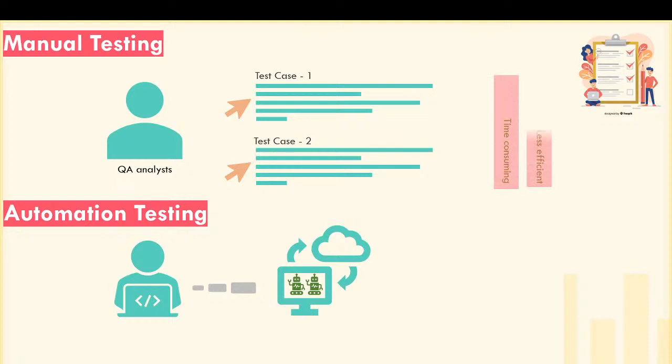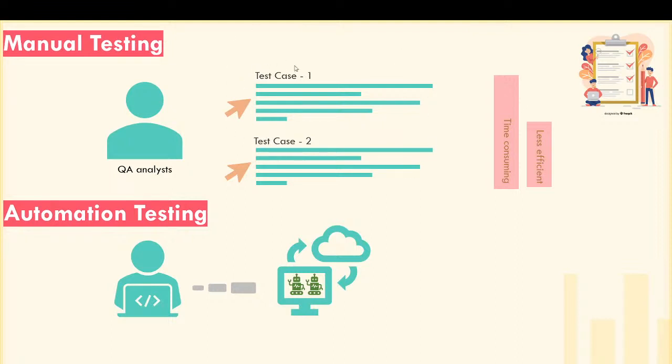Then what will happen here? Manual testing is time consuming but less efficient. Let's say in part 1 you are running 1000 test cases and you find some bugs. In part 2, again you are running 1000 test cases, or maybe you can do sanity or smoke.